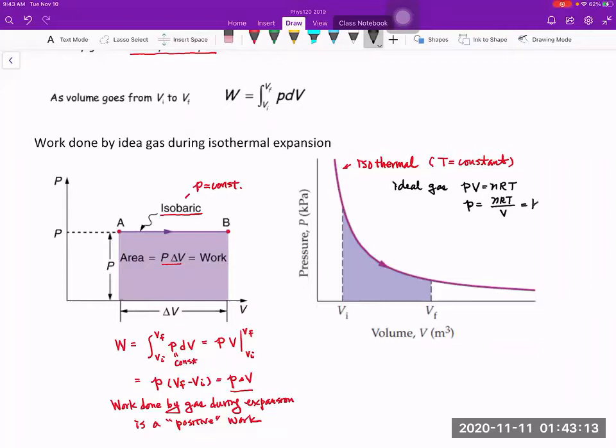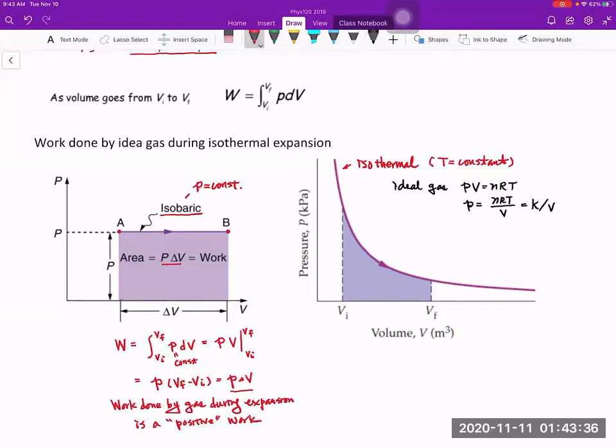Let me just say this is a K, divided by V. So I can represent the ideal gas, and how the pressure is going to change is simply based on V. This is what this equation tells us.